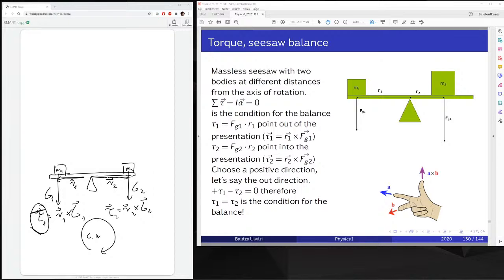We have torque like this and this. Use your right hand, so I can't. Wow, what if I switch on a camera? You won't see me.